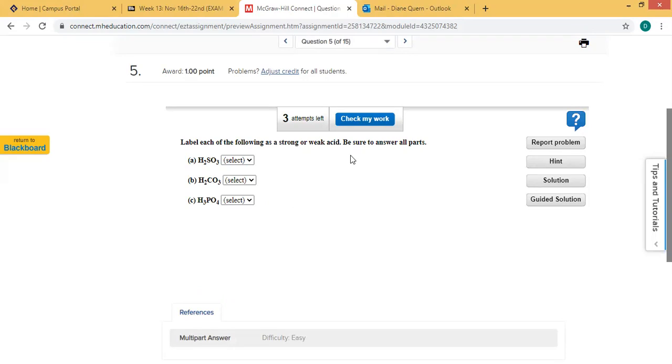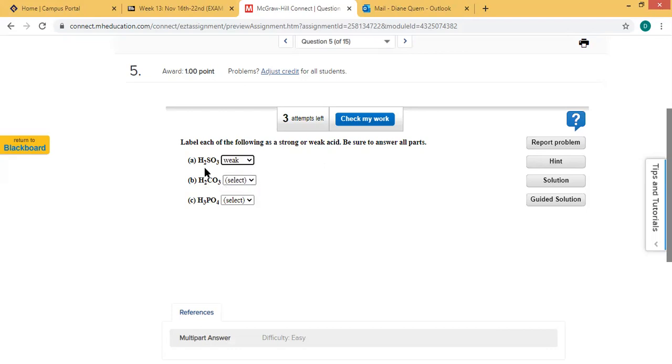Essentially, it's kind of hard to know if it's a strong or weak acid unless they give you an equilibrium equation, because when we looked at the PowerPoints, the definition of a strong acid was that it would fully dissociate, and you can only see that with a reaction equation. So this would be something you would just have to look up. Off the top of my head, these are all weak acids because they're polyprotic.